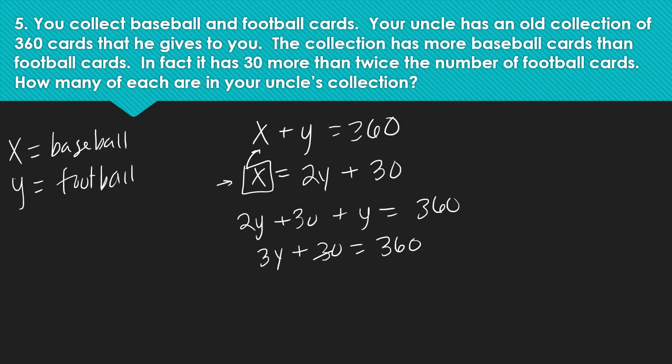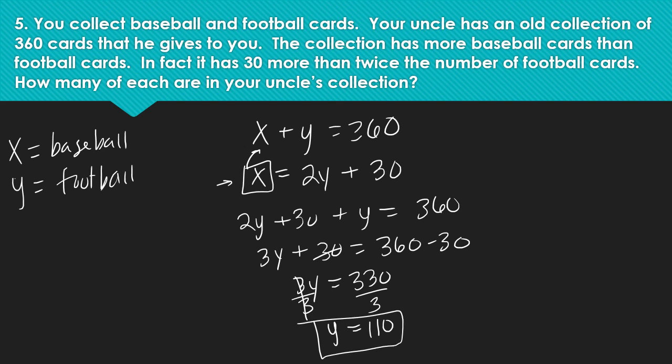I'm going to subtract 30. That gives me 3y equals 330. I'm going to divide by 3. And that gives me y equals 110. So I know that he has 110 football cards because that's what my y equals. I'm going to take that and plug it in to either one of these. I either can plug it into the x equals, or I can just subtract from 360.